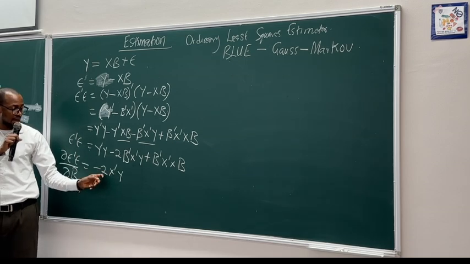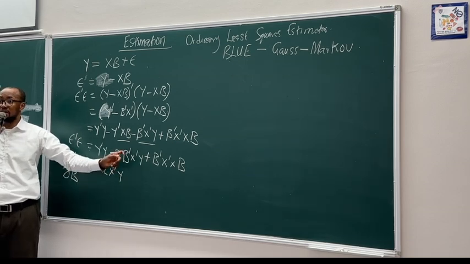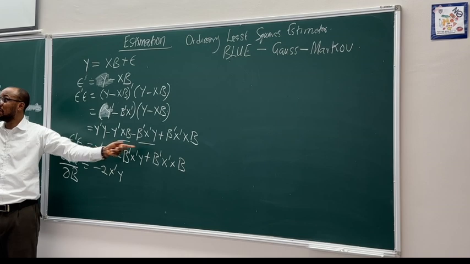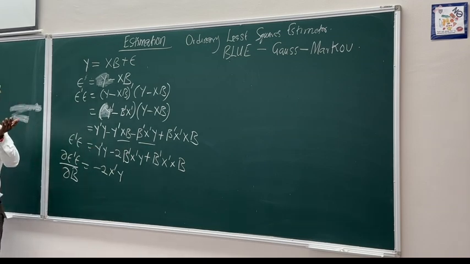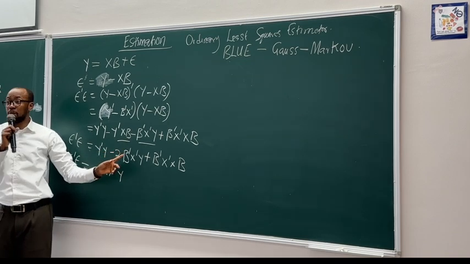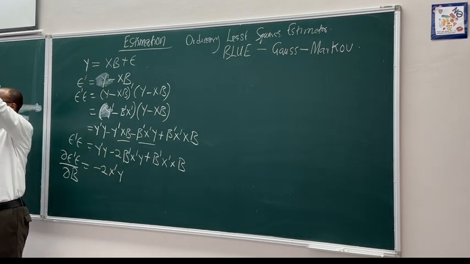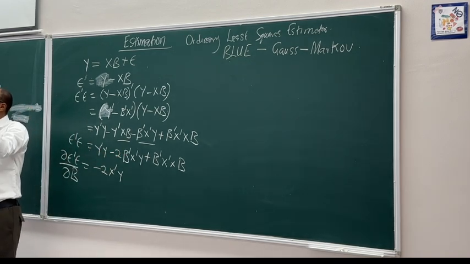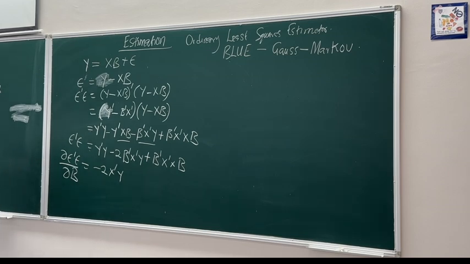At this point, whether it is b prime or b, it's still the same component. Everything is just that when you transpose, you're going to have either a row vector or a column vector. It doesn't change anything.